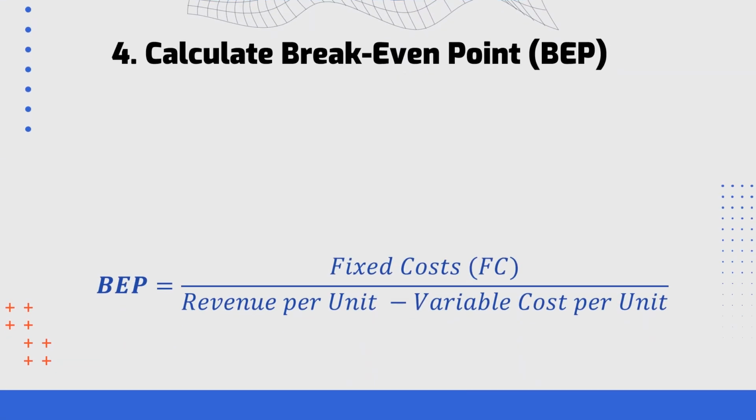Here we have to calculate something called the break-even point. It's the quantity at which total revenue equals total cost. In other words, this is the quantity after exceeding which the company starts to make a profit. It equals fixed cost divided by revenue per unit minus variable cost per unit.